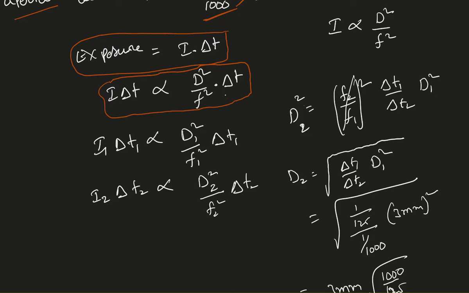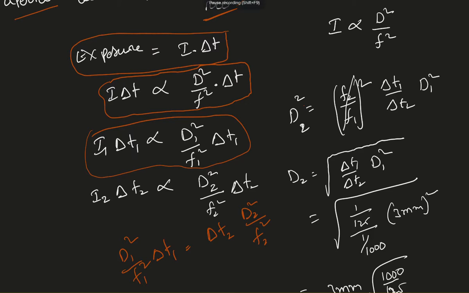All I did was equate these two equations. So d1 squared over f1 squared times delta t1 must equal delta t2 times d2 squared over f2 squared.